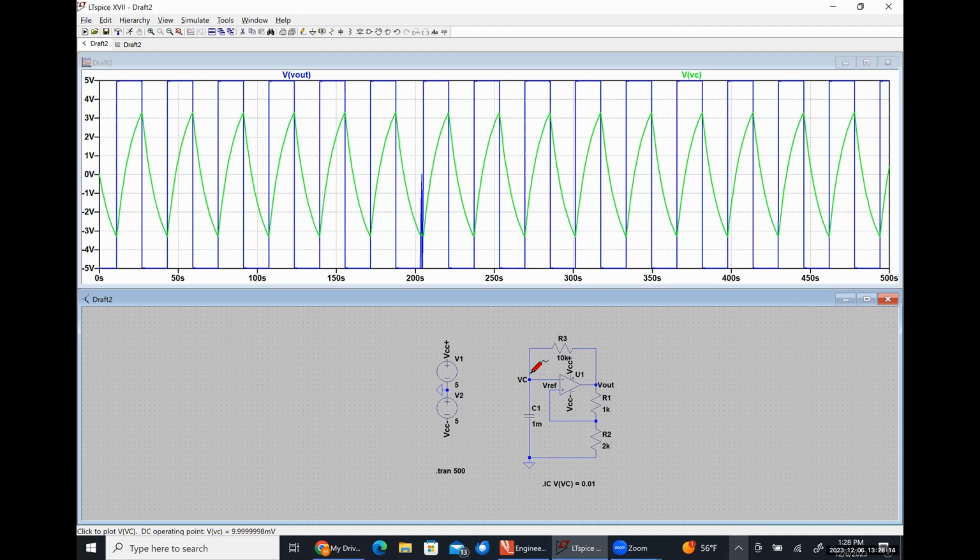And then our reference voltage here is doing exactly what we would expect as well. So we can see as soon as our capacitor voltage meets our reference voltage, our output swings 5, and then the cycle goes in the opposite direction. So exactly what we described just by looking at things qualitatively.